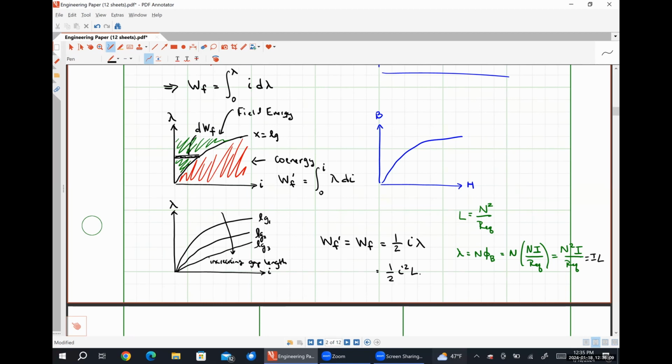So in a linear system, this is the energy stored in an inductor. Once again, just tying all this stuff back to things that we've seen before.